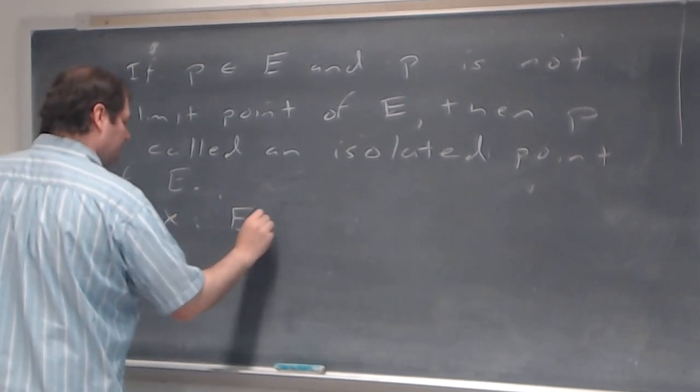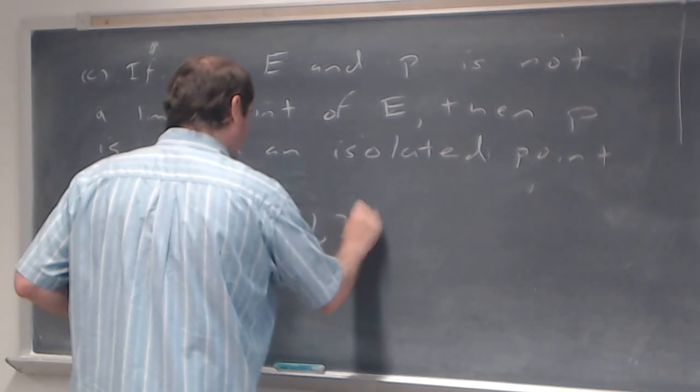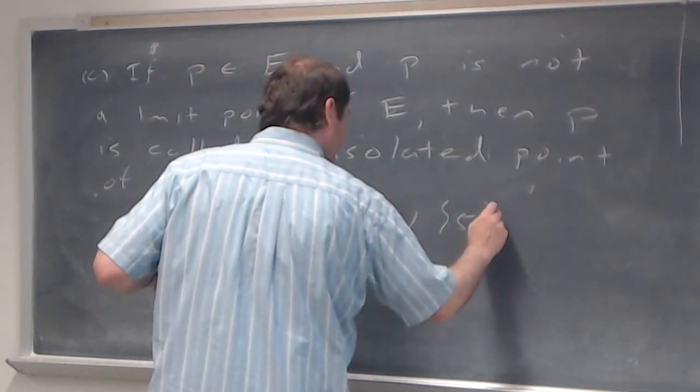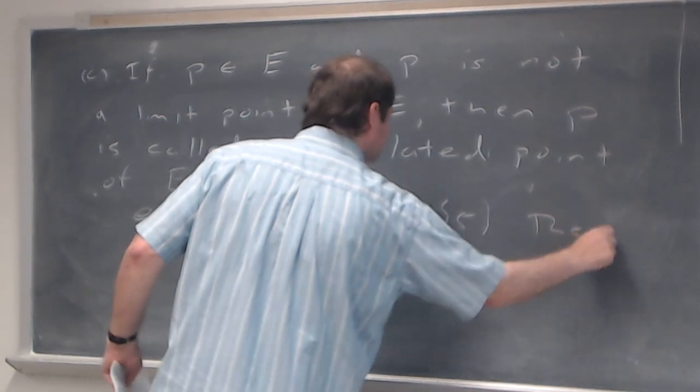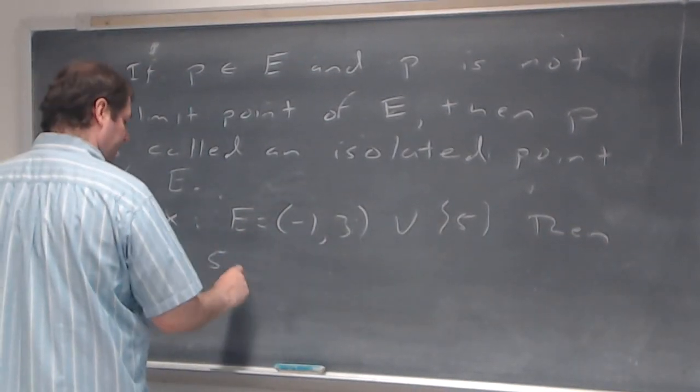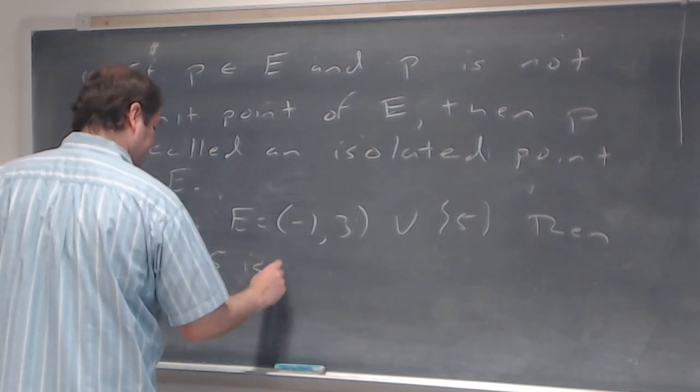If we look at E equal to something like -1 to 3, that segment, union with the number 5, then 5 is in E, but it's not a limit point. So it's an isolation point, an isolated point.